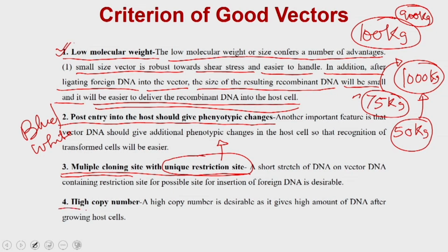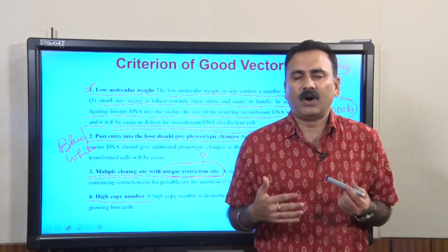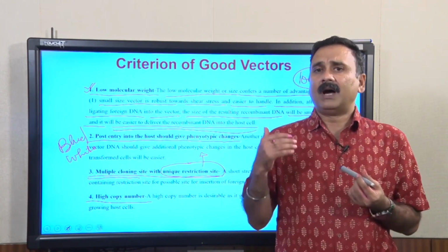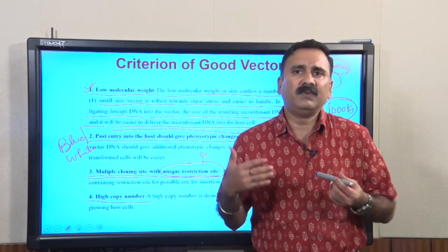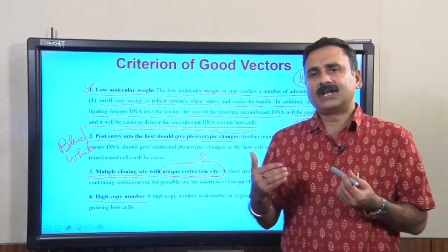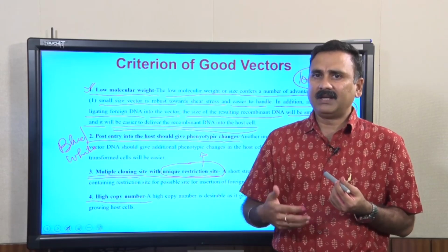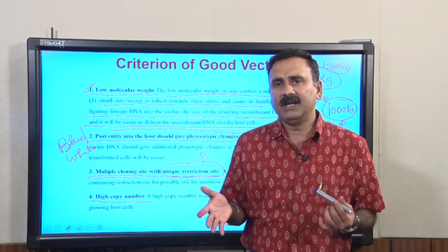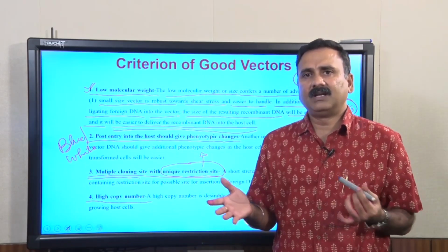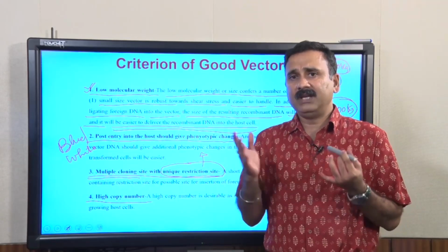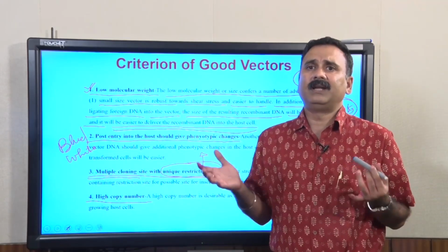Then the fourth is the high copy number. If the vector is of a high copy number or a low copy number, a high copy number vector is always desirable because it is going to give you more DNA from the same bacteria. What is meant by copy number is that the particular vector is going to have that many copies within the bacterial cell.